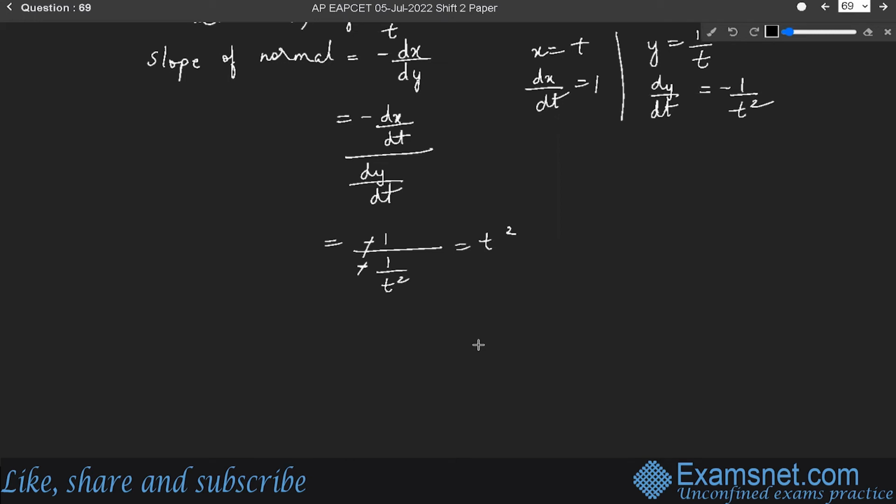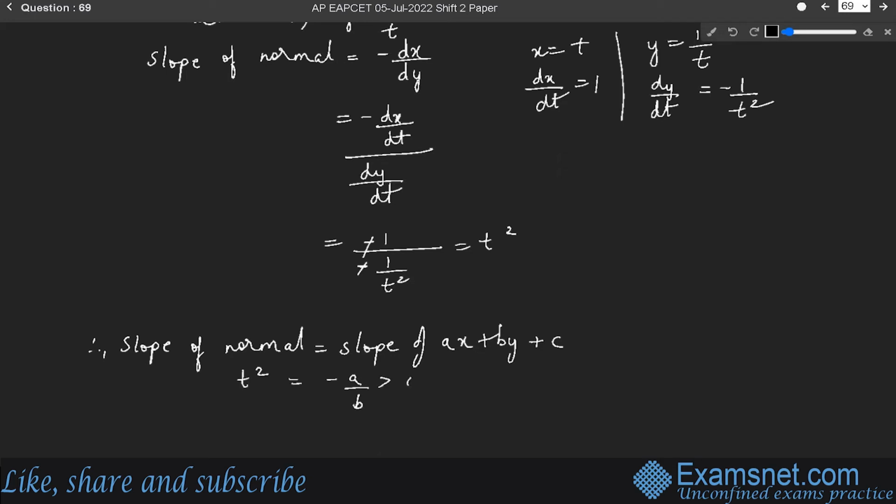Therefore, the slope of normal will be equal to slope of ax plus by plus c. Slope of normal is t square. So t square will be equal to minus a by b, which is greater than 0.